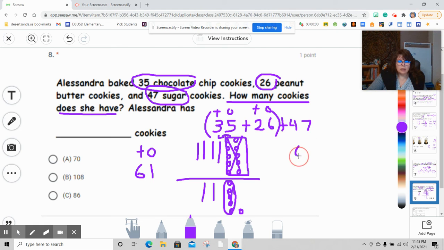So I'm gonna do expanded form for this one. 61, and then I'm gonna put 47. So 60 plus 1, and then 40 plus 7.